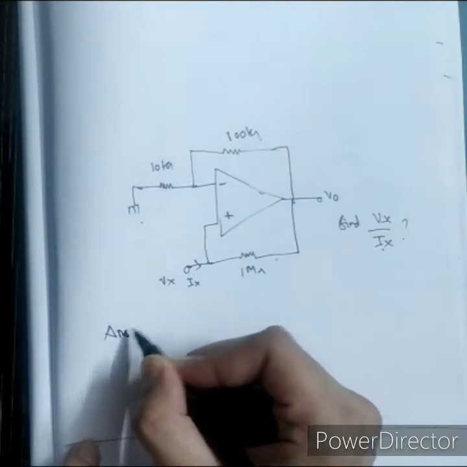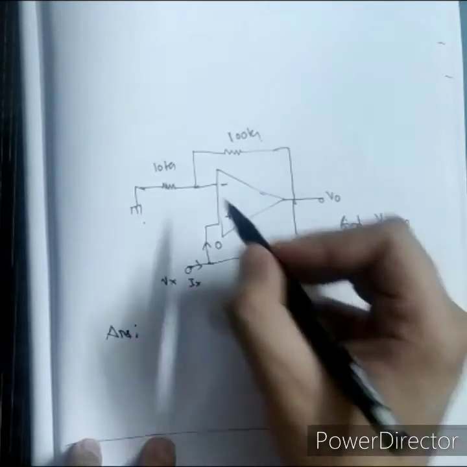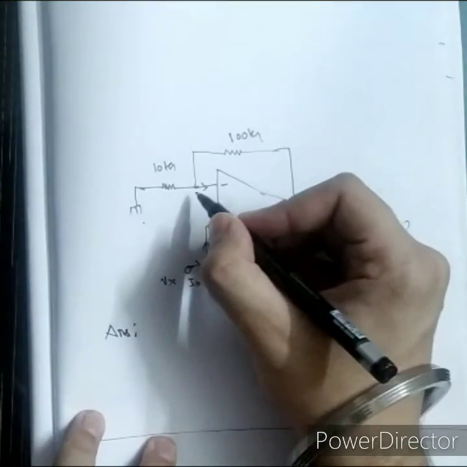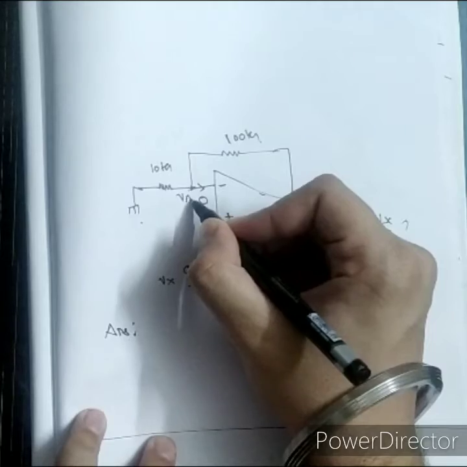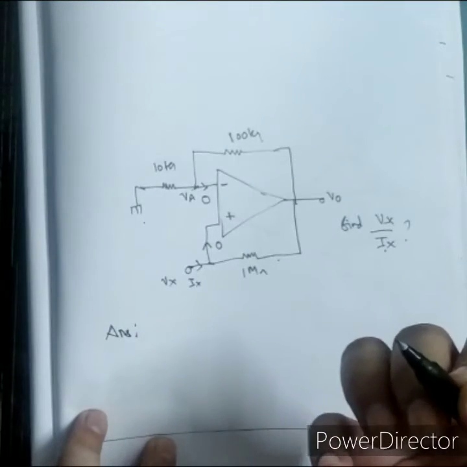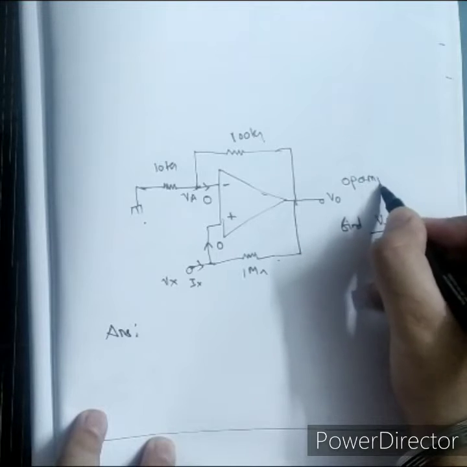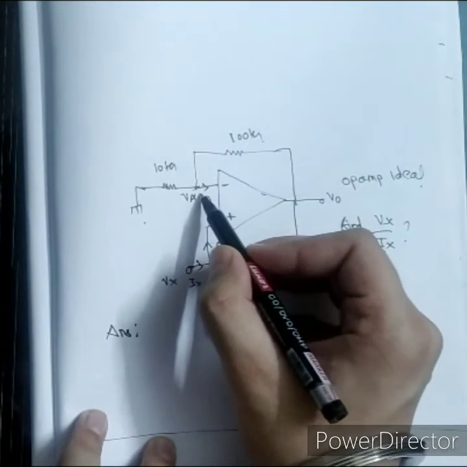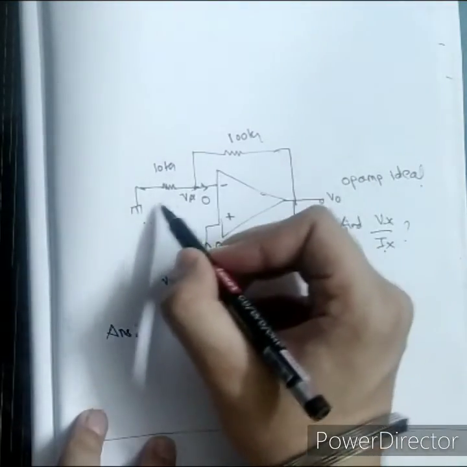So this is the answer. See, here current is 0, here also current is 0. Let me mark this point as VA, and this op amp is ideal, so VA has current 0, so I can apply the voltage division rule at this terminal, right?